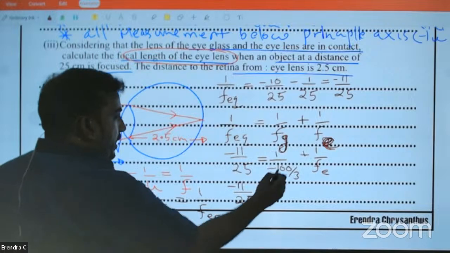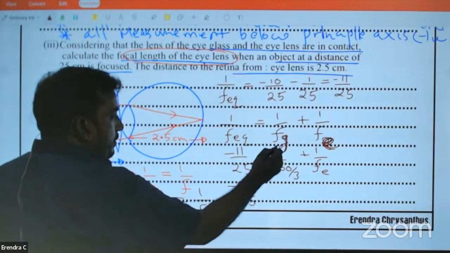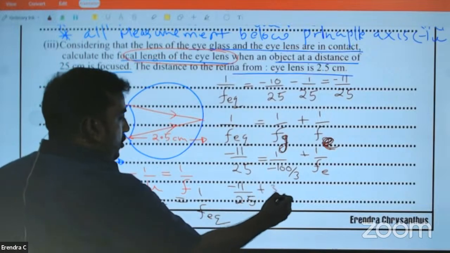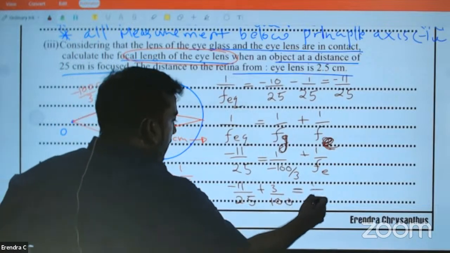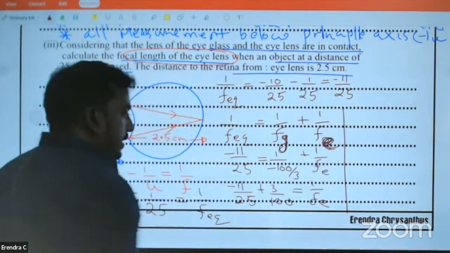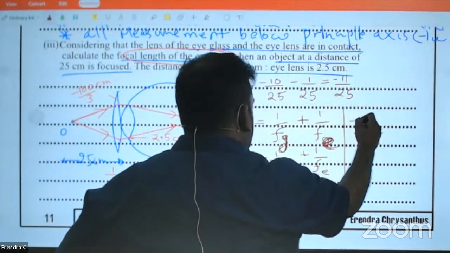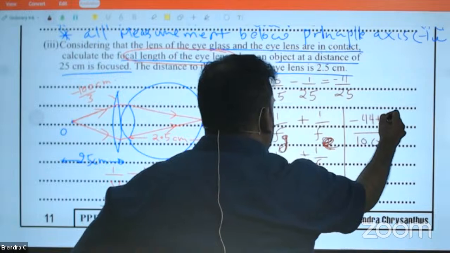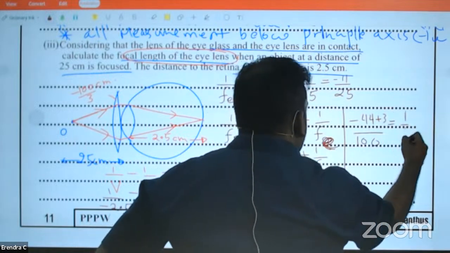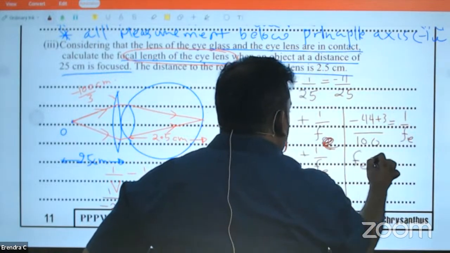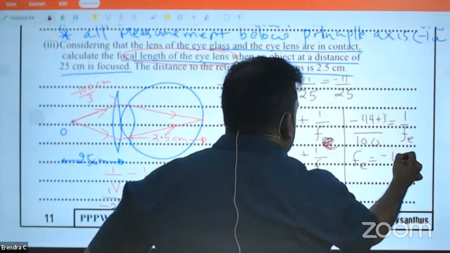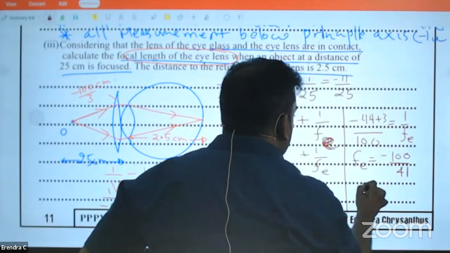Minus 11 over 25, minus 3 over 100 plus 3 over 100. Focal length of eye. Common denominator is 100. 44 plus 3. Focal length of eye is minus 100 divided by 41.